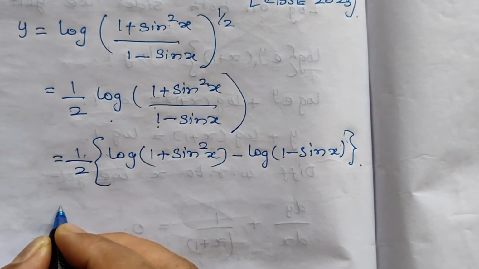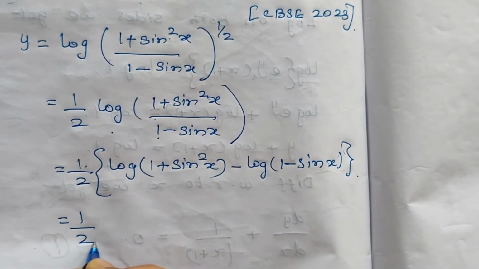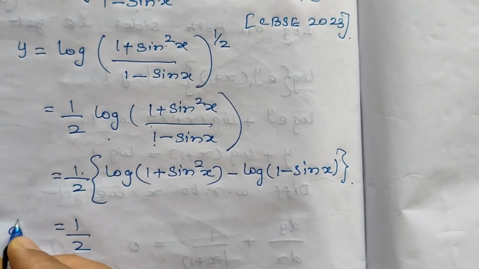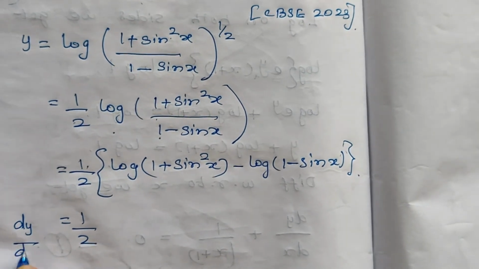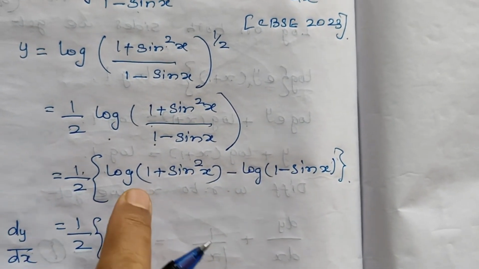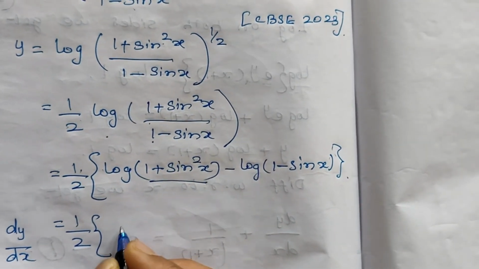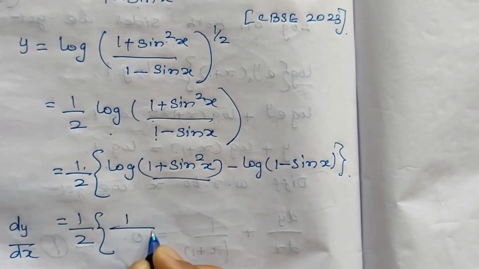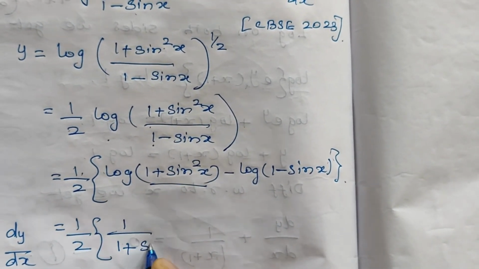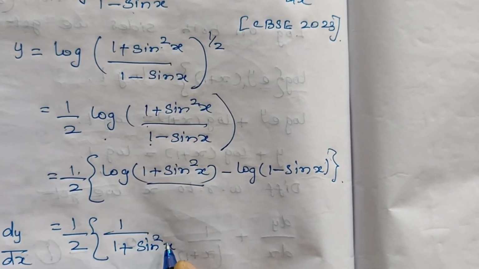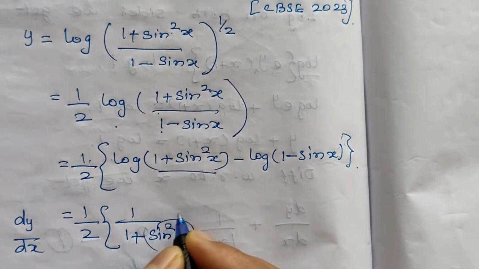Next here 1 by 2, next dy by dx. So dy by dx: 1 by 2, and the derivative of log x equals 1 by x. Therefore here it is 1 by 1 plus sin squared x. Next you have to differentiate sin squared x.